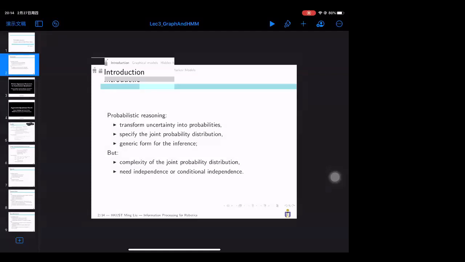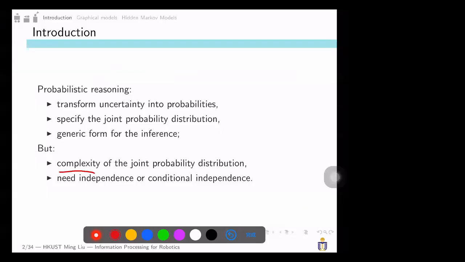Secondly, we need independence or conditional independence for this reasoning. Without these, the complexity is intractable.